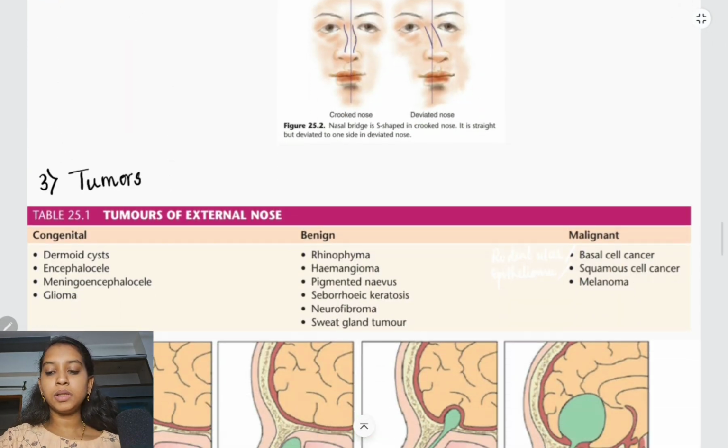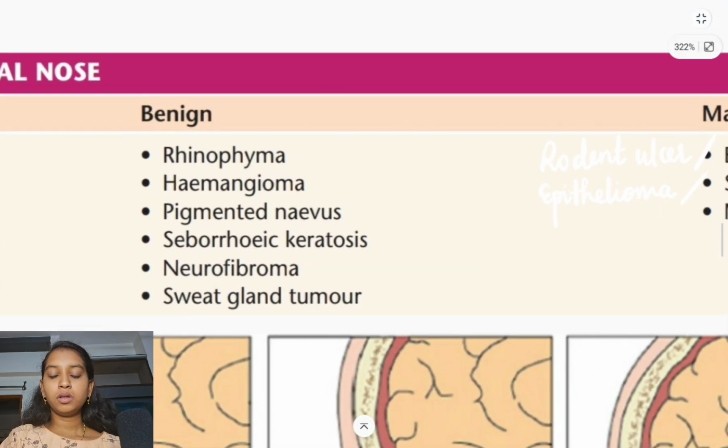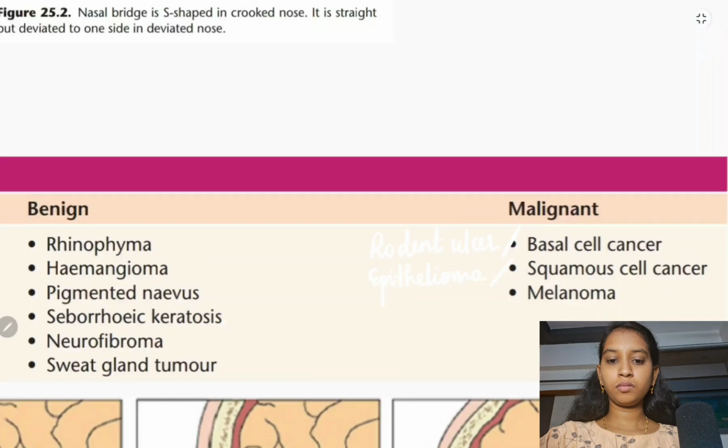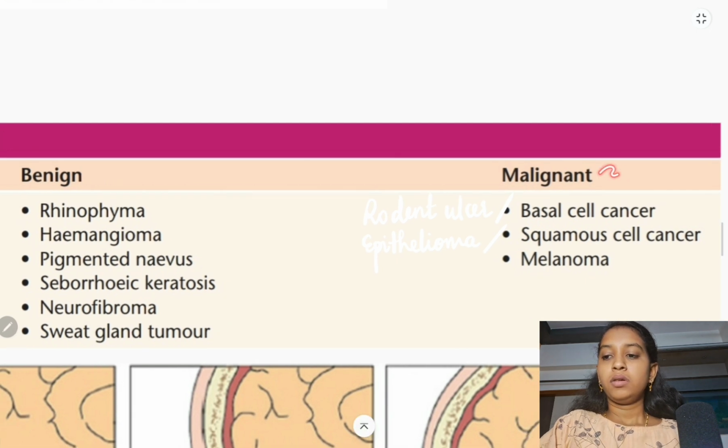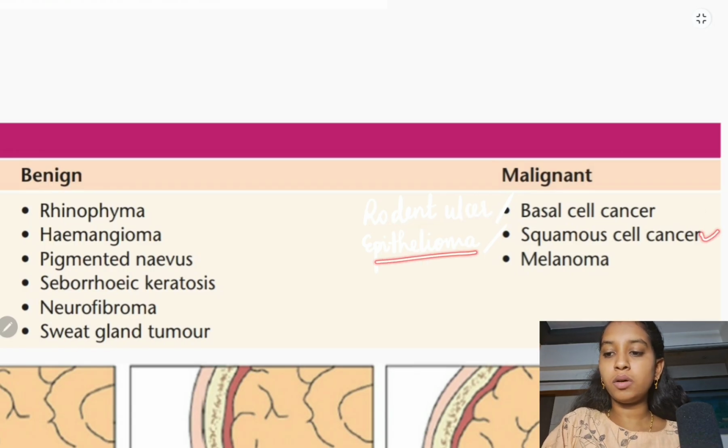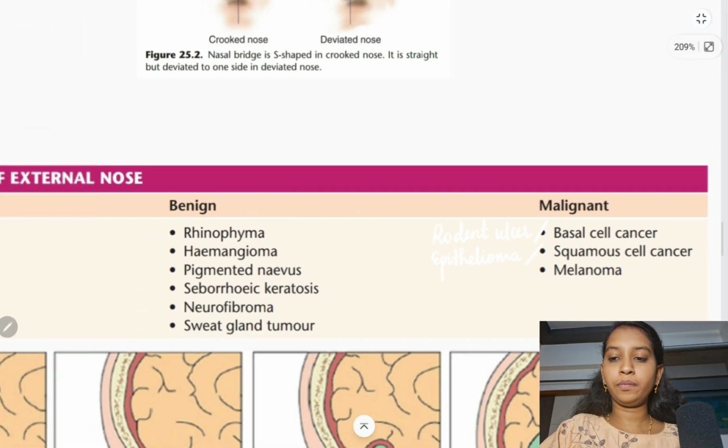Other benign tumors are pigmented nevus, hemangioma, seborrheic keratosis, neurofibroma, and sweat gland tumor. Whereas among malignant tumors, the most common one is basal cell cancer or rodent ulcer, then squamous cell cancer or epithelioma, and the least common is melanoma.